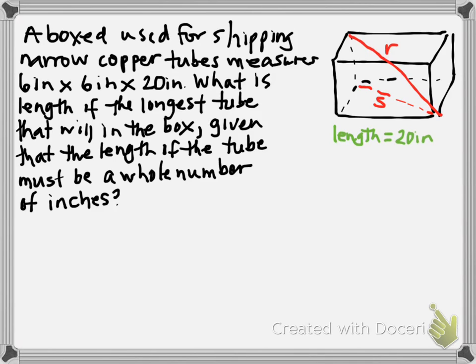And then this side here would be called the width, and he would be 6 inches. And this side here is the height, and he's also 6. So we have 6 inches for the height, 6 inches for the width of the box, and 20 inches as the length. And our job is to figure out what R is. So what we're trying to solve for is R.